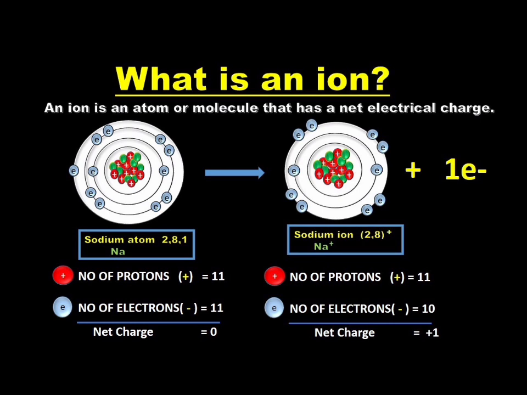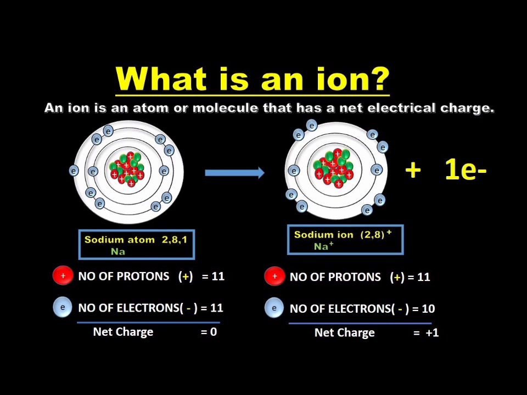S is one atom, O is another atom, so the combination of S and O is a group of atoms. SO4 with a charge of 2 minus makes it a sulfate ion. It's not an atom anymore, not a molecule again, because it has a charge. So an ion is any atom or group of atoms that must have an electric charge to be called an ion.